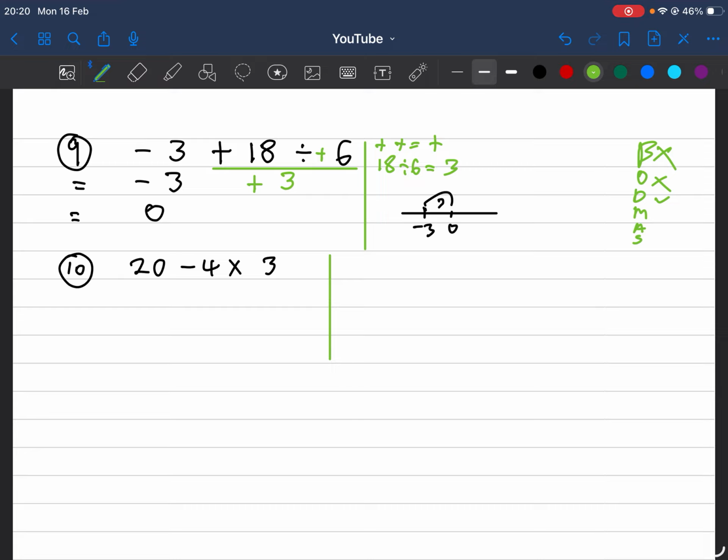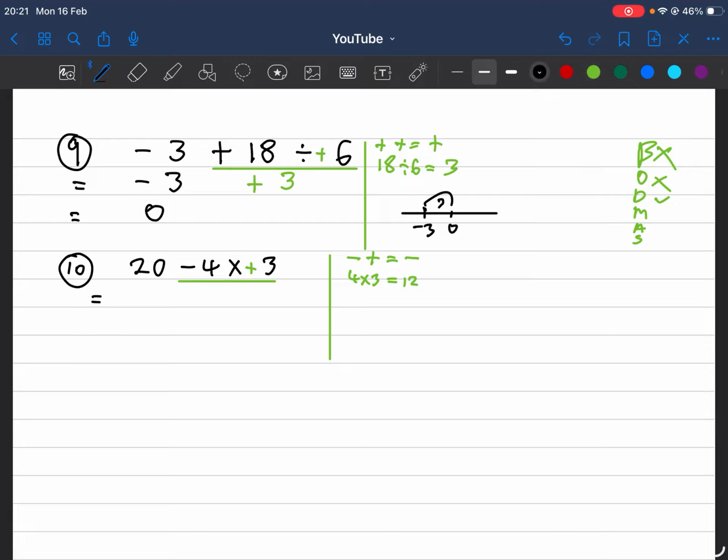Division, multiplication. So here we've got a multiplication, and it's the integer before it, which is negative 4, times the integer after it, which is 3. So negative 4 times 3, and the 3 will have a positive sign. Your negative and your positive are going to give you a negative, and 4 times 3 is going to give you 12.